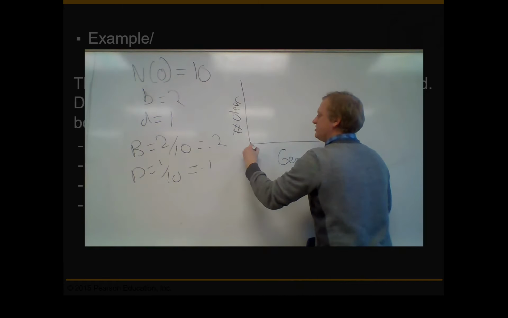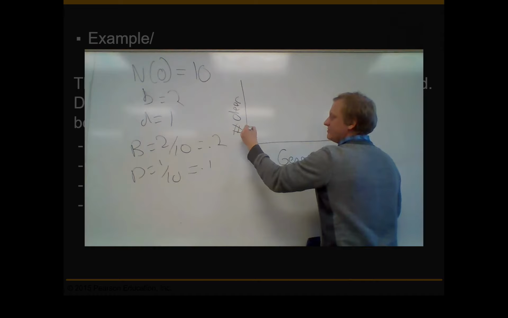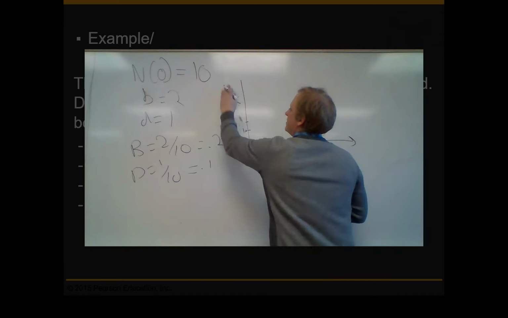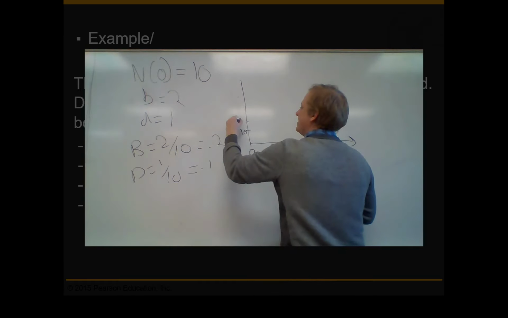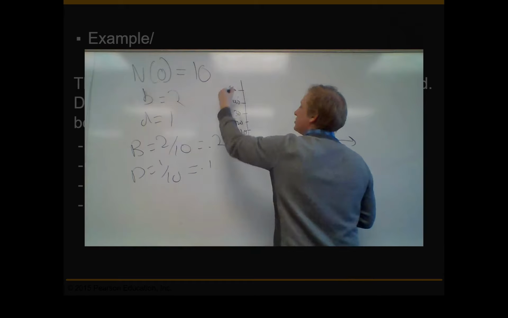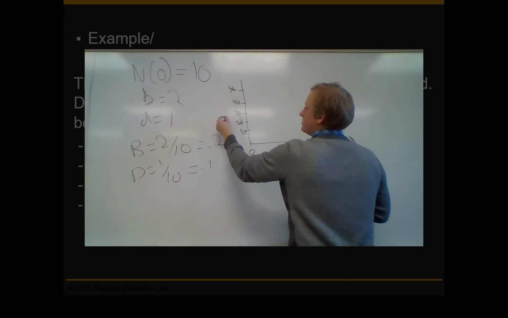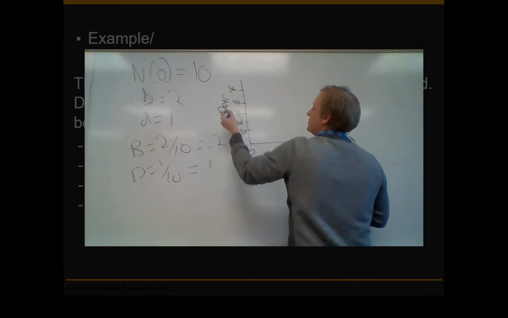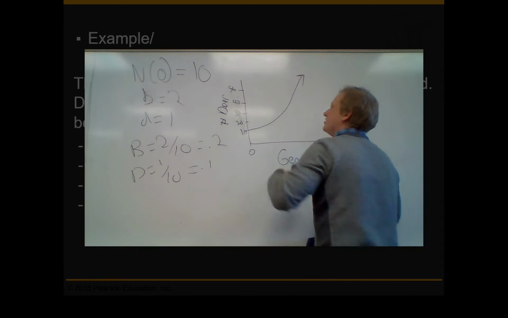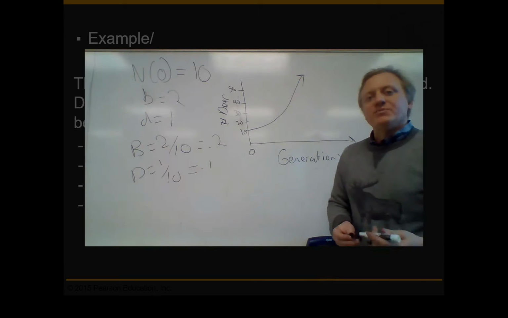So generation 0 here we had 10. So bad. Okay. We had 10, 20. So what's going to happen with these deer is you're going to start with this many, and the population is going to explode exponentially.